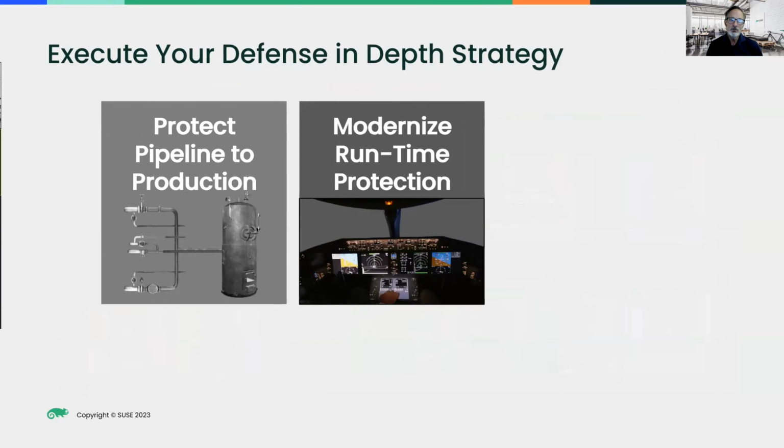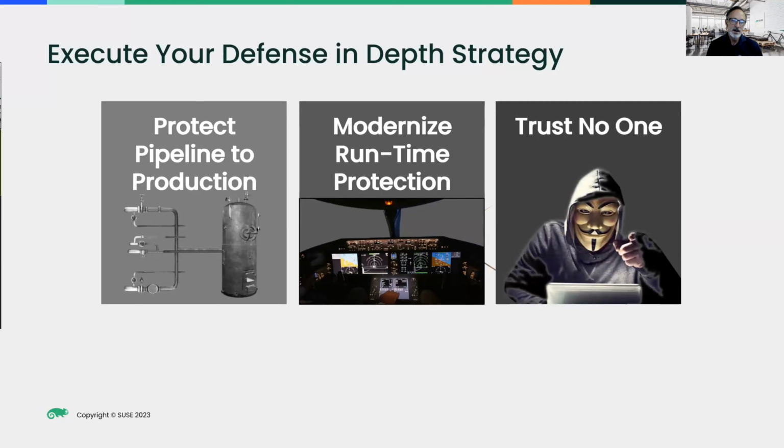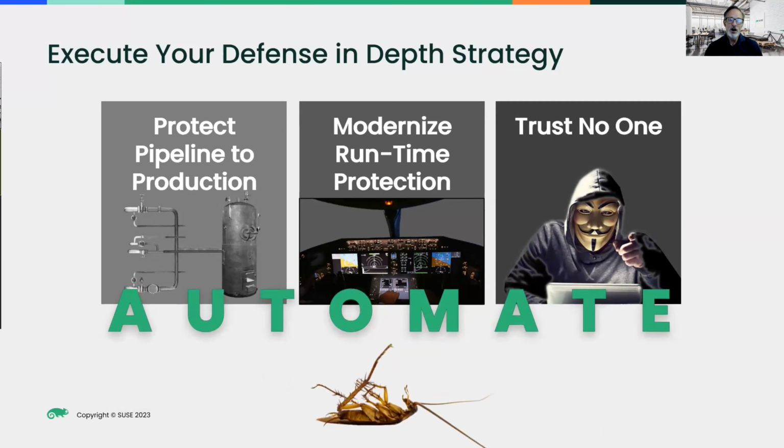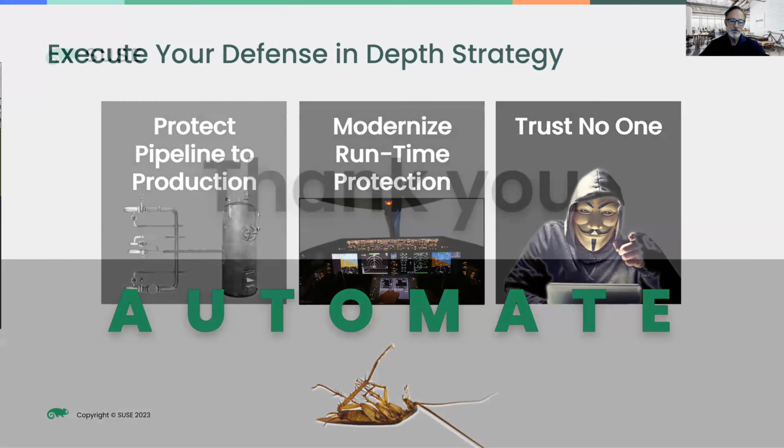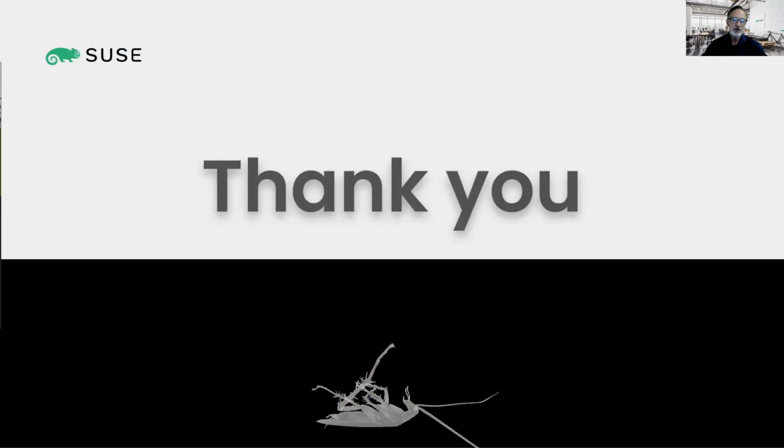You need a modernized runtime protection environment that understands Kubernetes and containers and can see the traffic that's going on in a modern environment and be able to scale and run anywhere across any infrastructure. And then obviously trust no one. Put in a zero trust methodology from the very beginning. And then finally, automate across the spectrum of the portfolio. So that's really the summary and net of what we see as the criticality in cloud native environment and what you need to put in place.